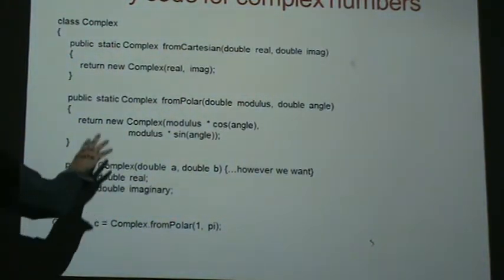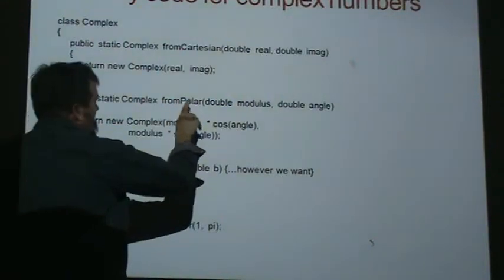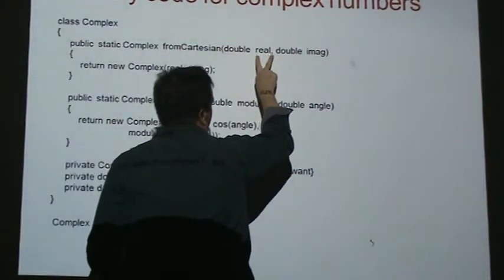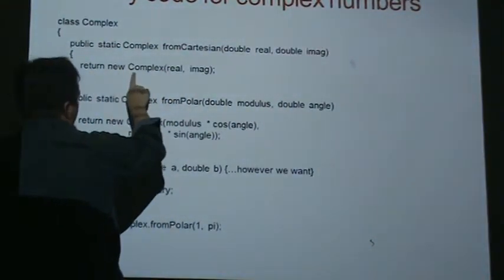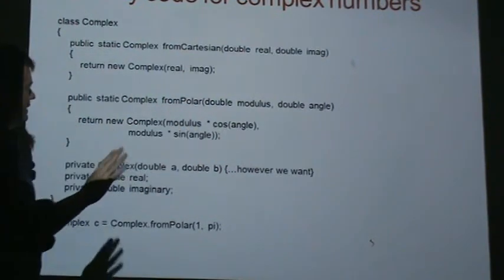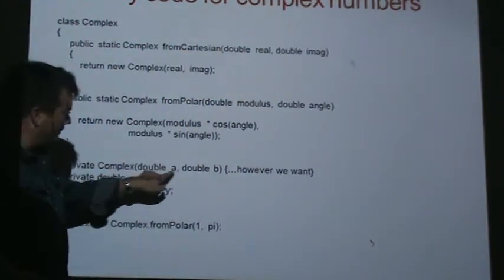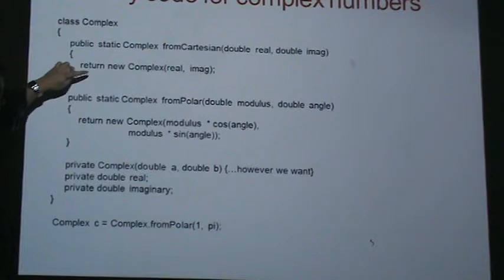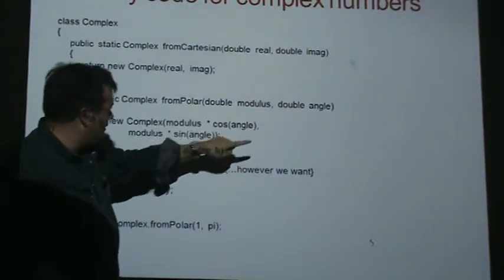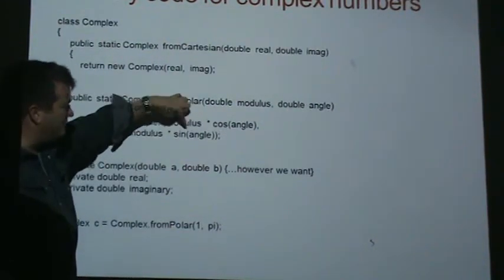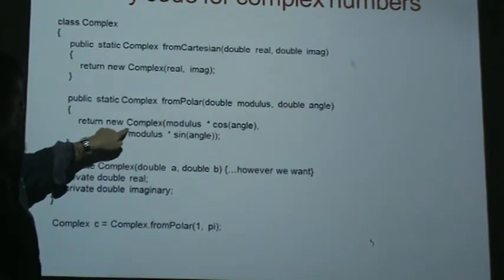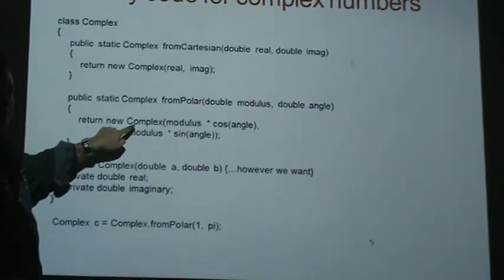Then we can make two public methods. One method says, if you give me a real and an imaginary, I'll create it the normal complex way. And if you give me the polar version, I'm going to have to perform a computation first and then call the constructor.